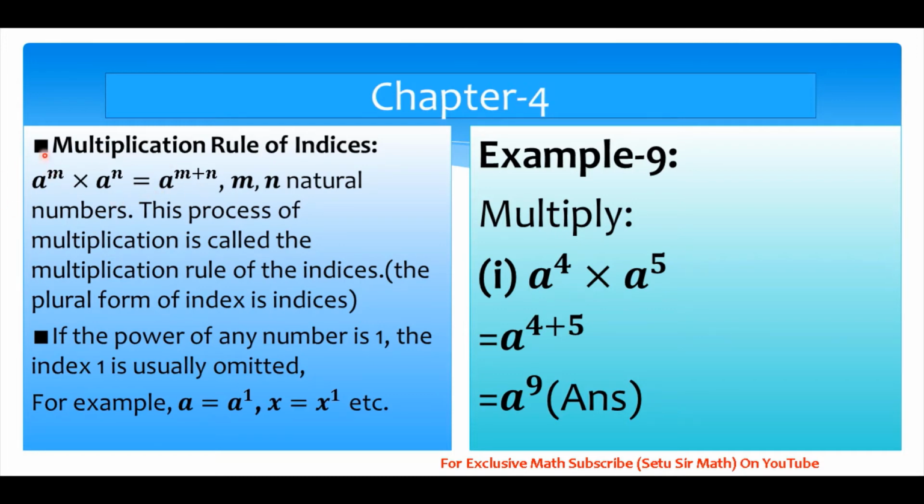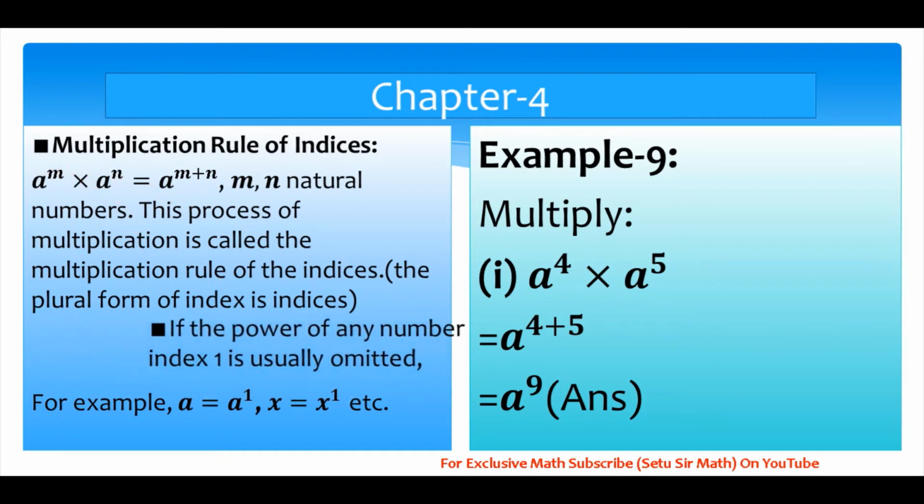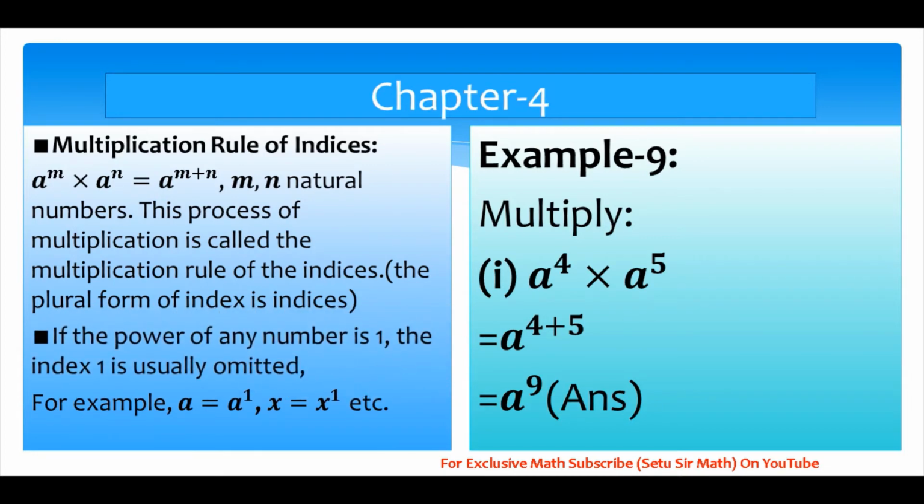That is a very important rule for you. You have to follow this rule. M, n are natural numbers. This process of multiplication is called the multiplication rule of the indices. The plural form of index is indices. That means index is one power and indices means many powers. And if the power of any number is 1, the index 1 is usually omitted.